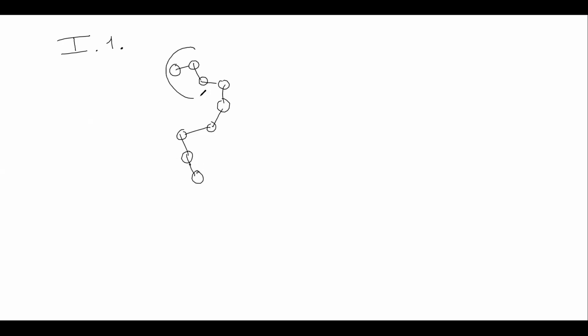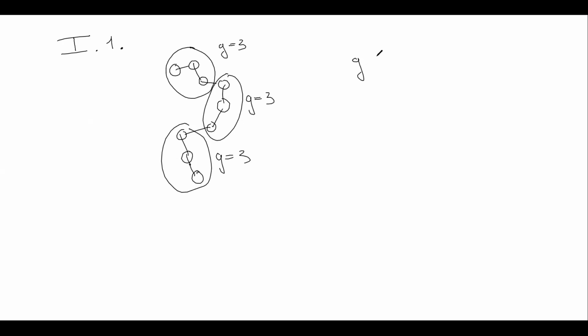And now I will group them. And here in this particular example, G is equal to 3. Those are my bigger units. G can be anything. The only condition I want is that it's a much smaller number than the total number of monomers. Otherwise, it is completely absurd.